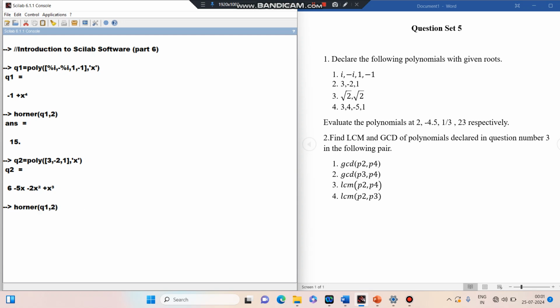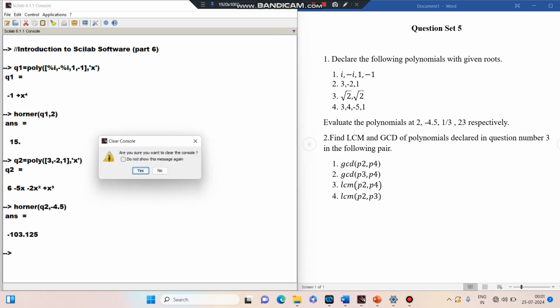Now let us evaluate this polynomial Q2 at minus 4.5. We can evaluate it at 2 as well. Let us take another number, minus 4.5. So this is the answer.